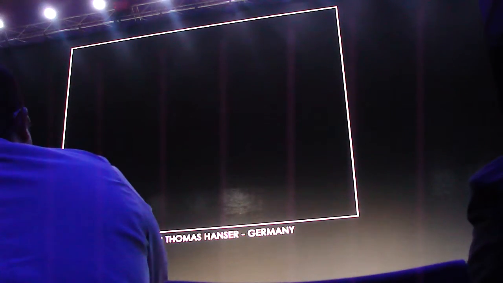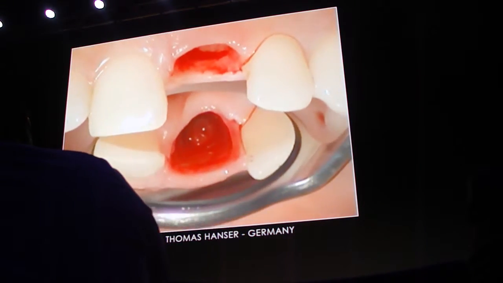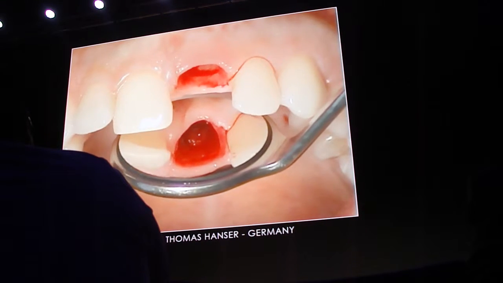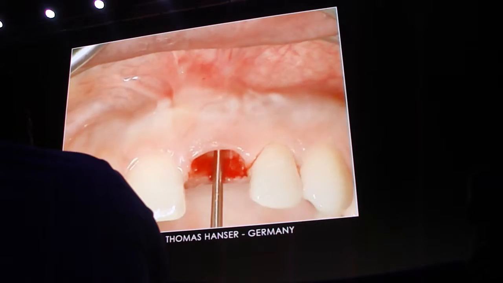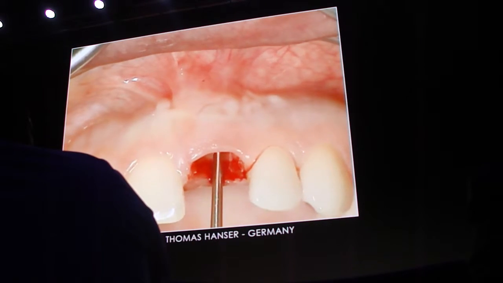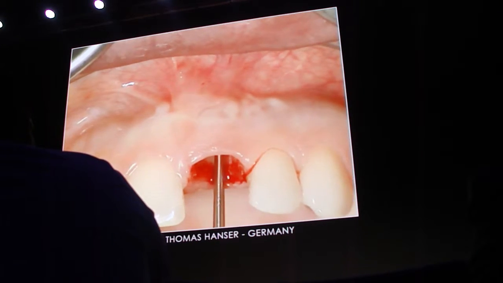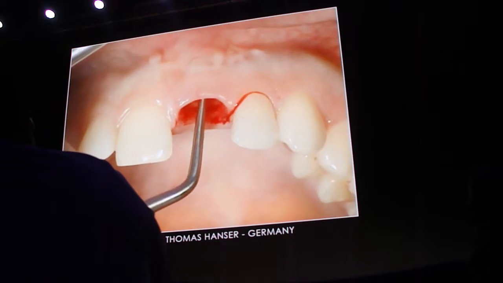Once we extract the tooth in the aesthetic zone, of course we have a huge responsibility, and we should never compromise in the aesthetic zone. Especially if we have a missing buccal bone, as in this case, we have to clearly think about the biological reaction of our body once we place an implant immediately, or place a graft in advance.